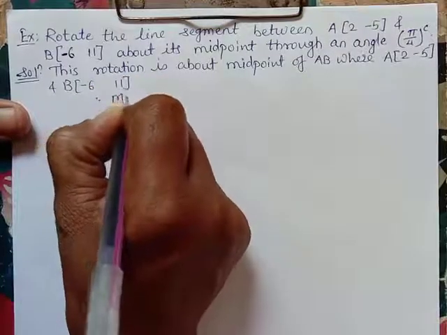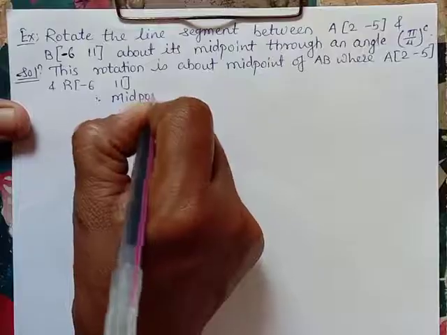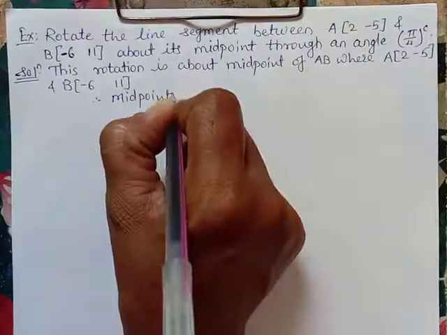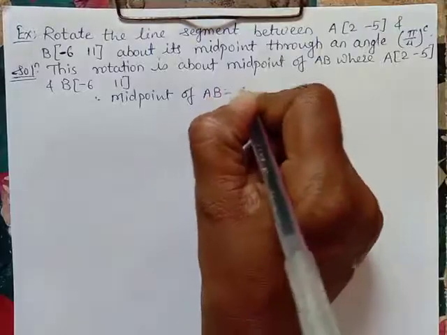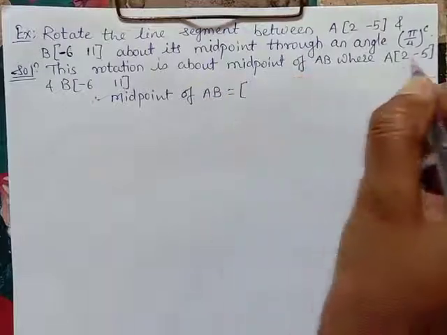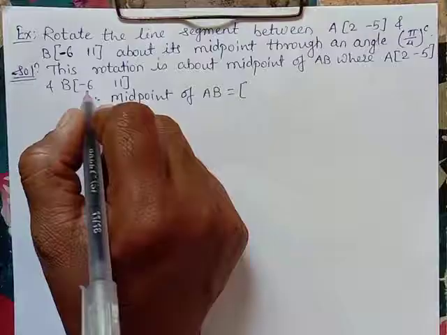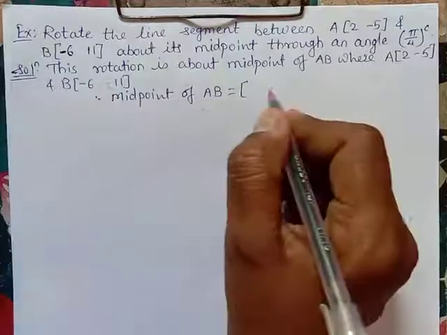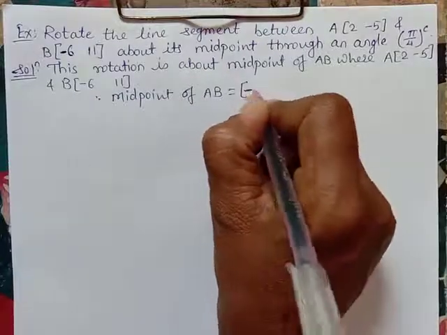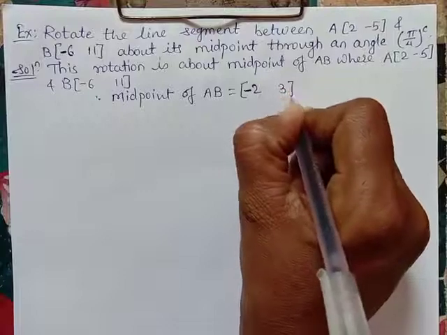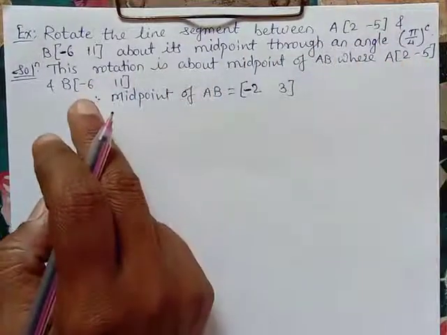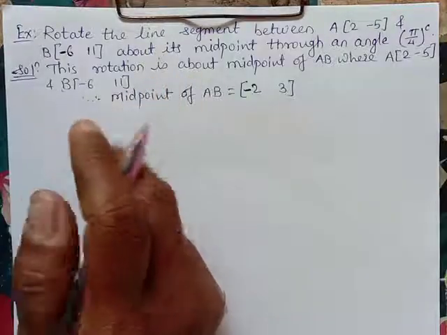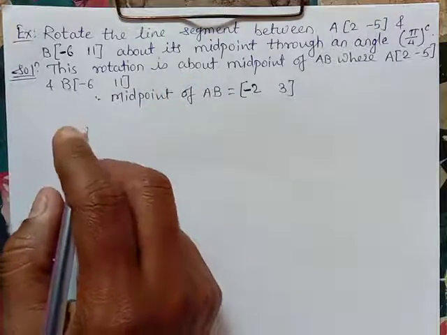Therefore, the midpoint of AB is 2 minus 6 by 2, which gives us minus 2, and here we get 3. x1 plus x2 upon 2, y1 plus y2 upon 2. This is the midpoint formula, right?